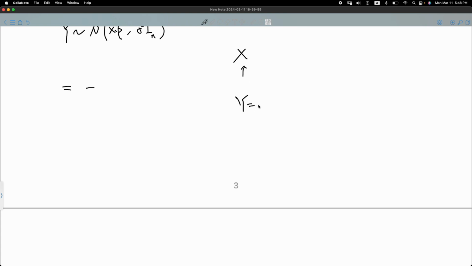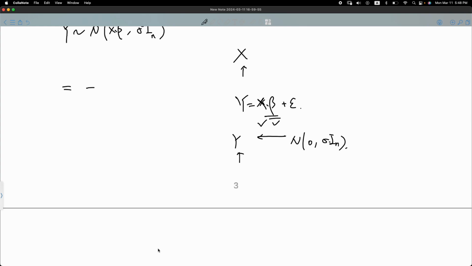So what we have is y equal to x multiplied by beta plus epsilon. x is considered as our data, so it's fixed. Beta is the parameter that we want to learn. And the epsilon here is normal with mean 0 and covariance sigma squared identity. That gives us that y is also a random variable that follows a multivariate normal.